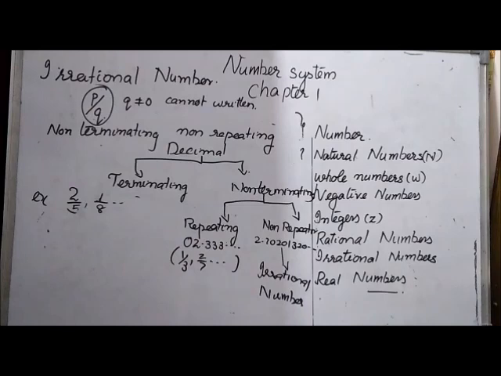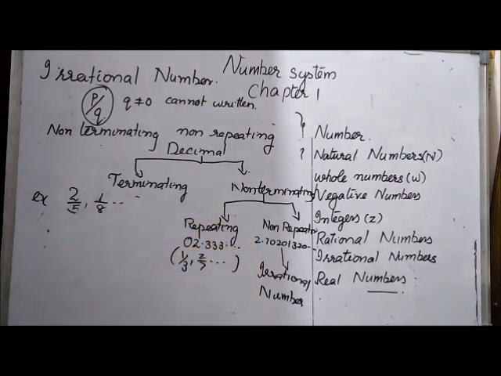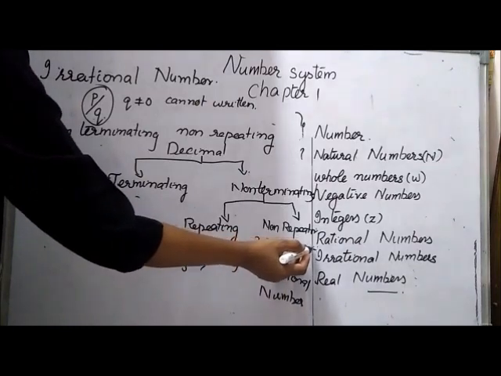For example, 1.1030401000. If we want to find the next term, we have to divide, then only we will get the next term. Up to here, we don't know the next term.